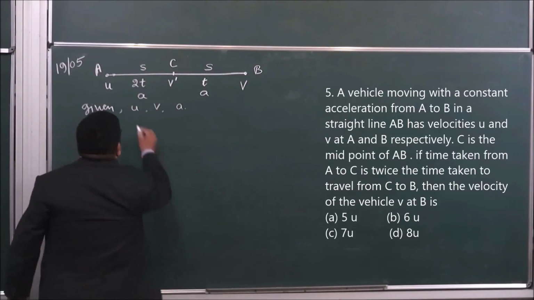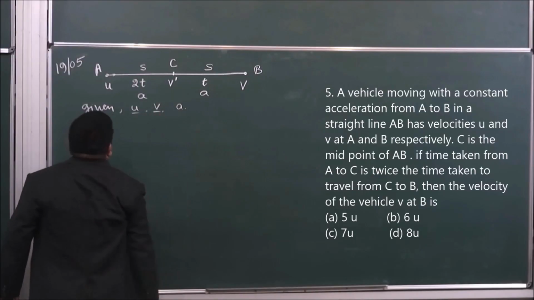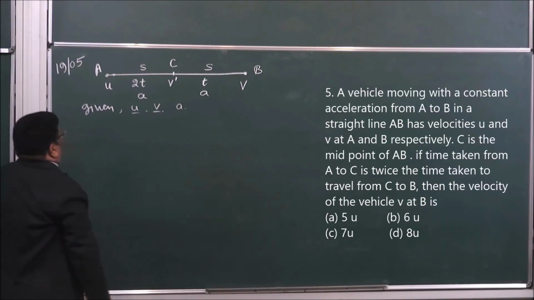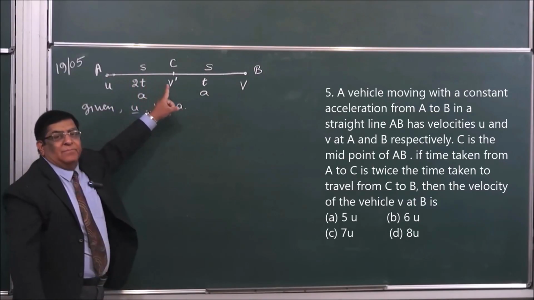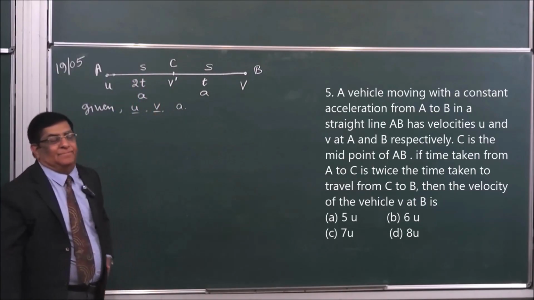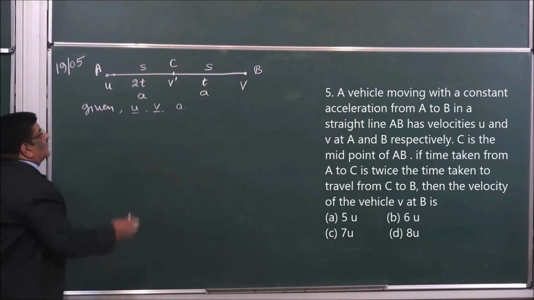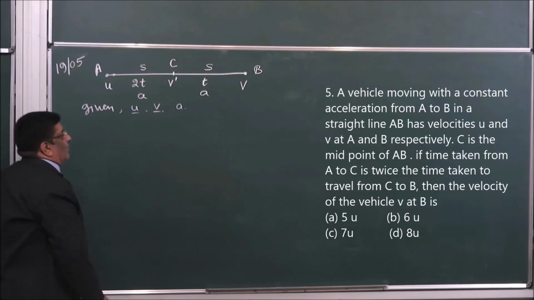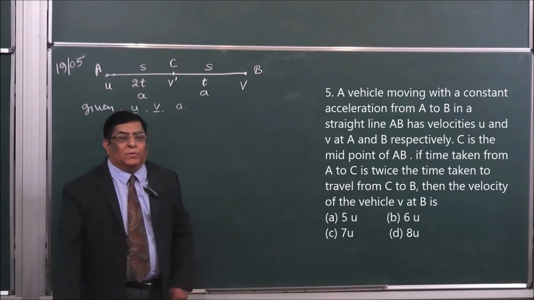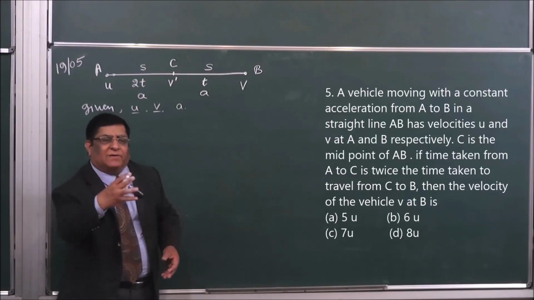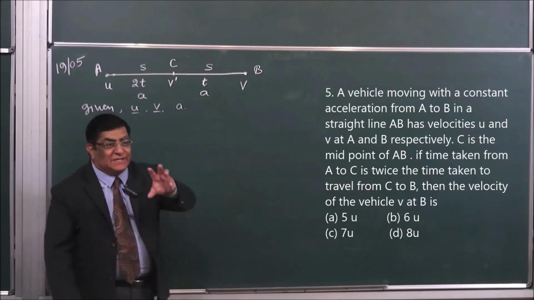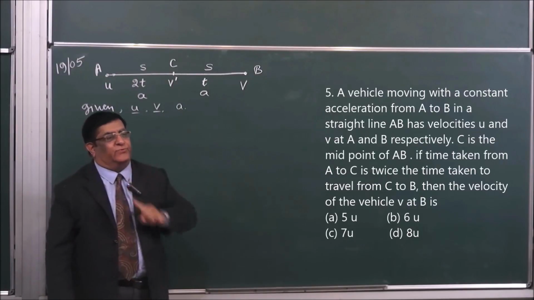So for us the given quantities are u and v. If we take help of s and 2t, we will have to eliminate them. Okay, let us start. How many equations can we make? If you don't know how to approach, keep on making relations and then choose the ones which are useful to you.